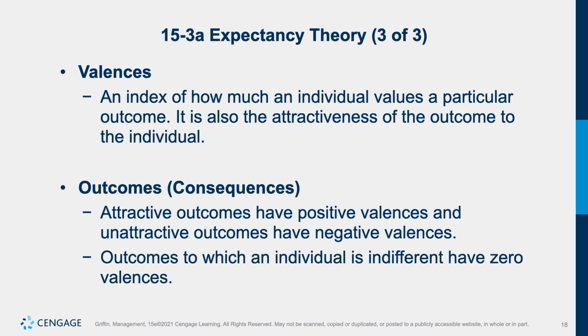So valence is how much value any student who comes to the front of the class places on the $1 they are coming to get as the reward. That has to do with valence: how much the individual values the particular outcome. In this situation, the outcome, which is the reward, is the $1.